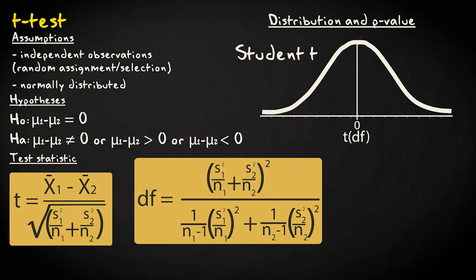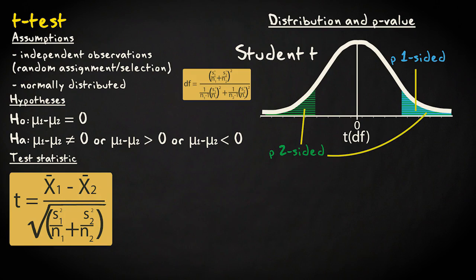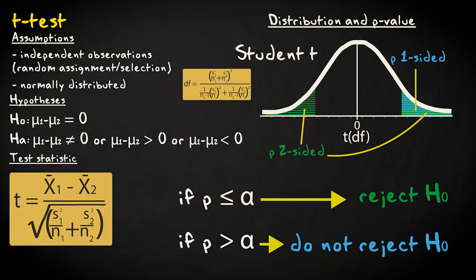The formula looks horrific, but if you need to do this by hand, you already calculated the variance of each sample divided by their respective sizes when you determined the standard error. If you reuse that information, the calculation is not so bad. Once we know the degrees of freedom, we can calculate or look up the one-sided or two-sided p-value and compare it to the predetermined significance level. Finally, we reject or fail to reject the null hypothesis.